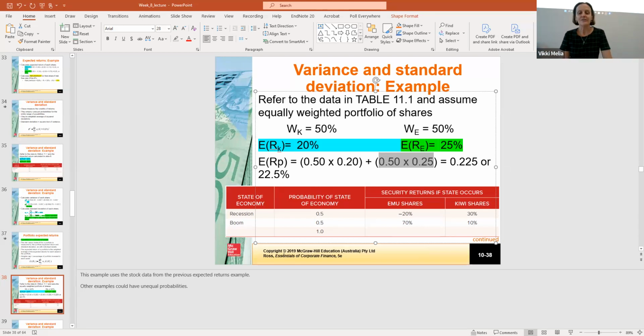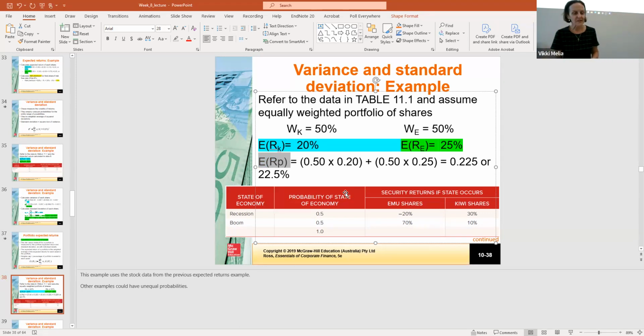And then just think about this concept of a portfolio. A portfolio means a collection of assets, and how we could measure the expected return from our collection of assets. I don't actually want to go past there. I don't want to look at calculating the variance and standard deviation for the portfolio, because I really want you to practice doing that for a single asset.